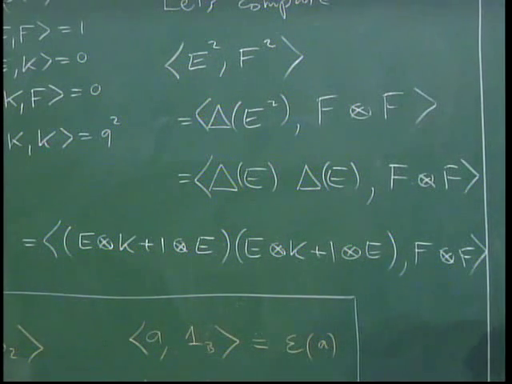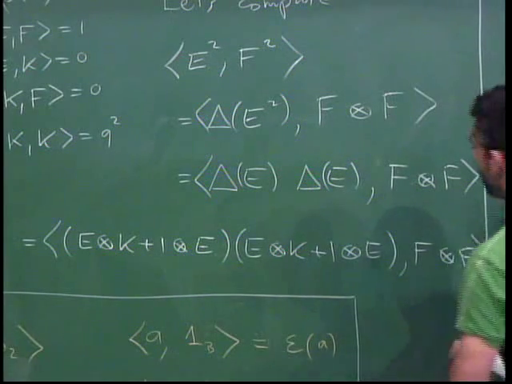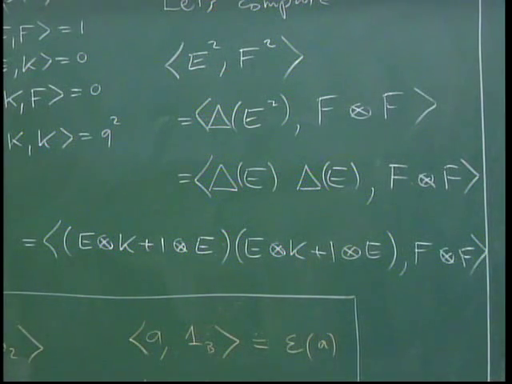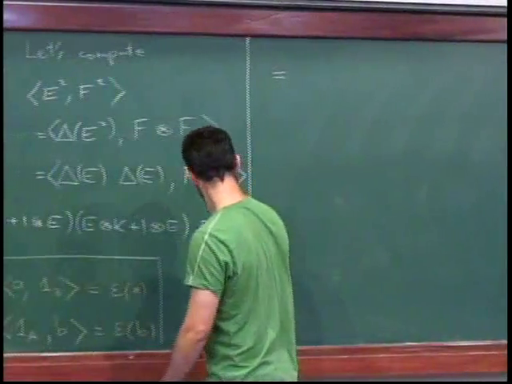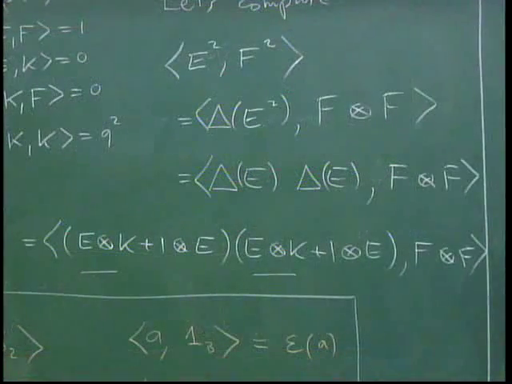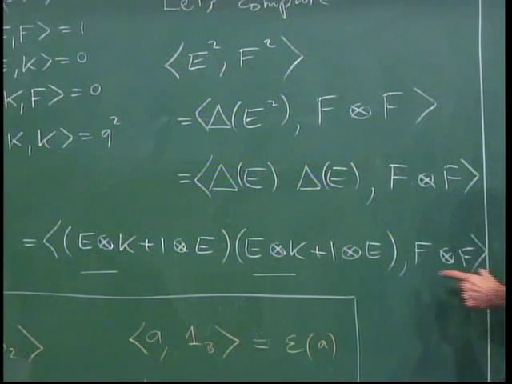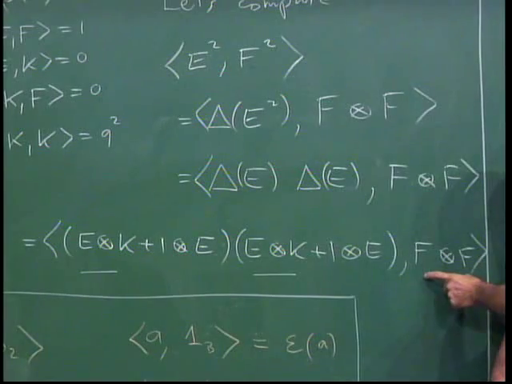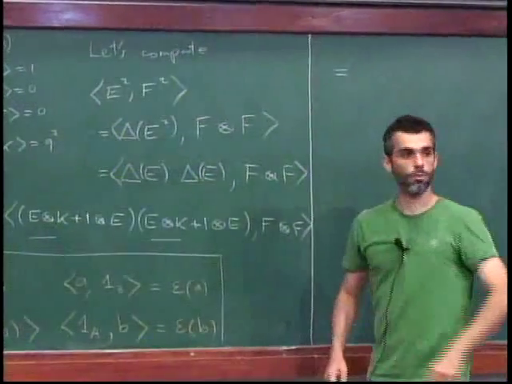So let's push on. I'm going to cheat a little bit and already use what I told you about degree reasons and things that end up being 0. So for example, if I look at this term times that term, that's E squared tensor K squared, that doesn't have the correct bidegree to have something non-trivial with F tensor F. So I'm not going to even write it down.